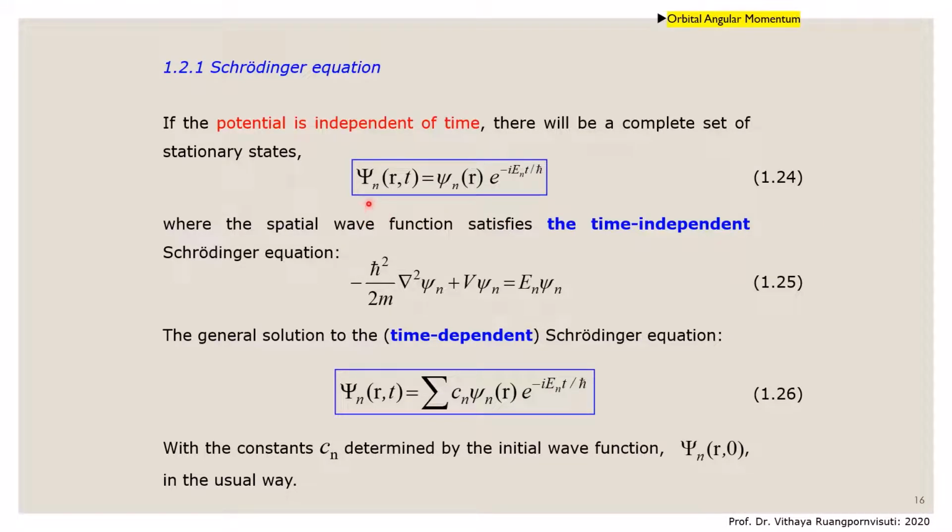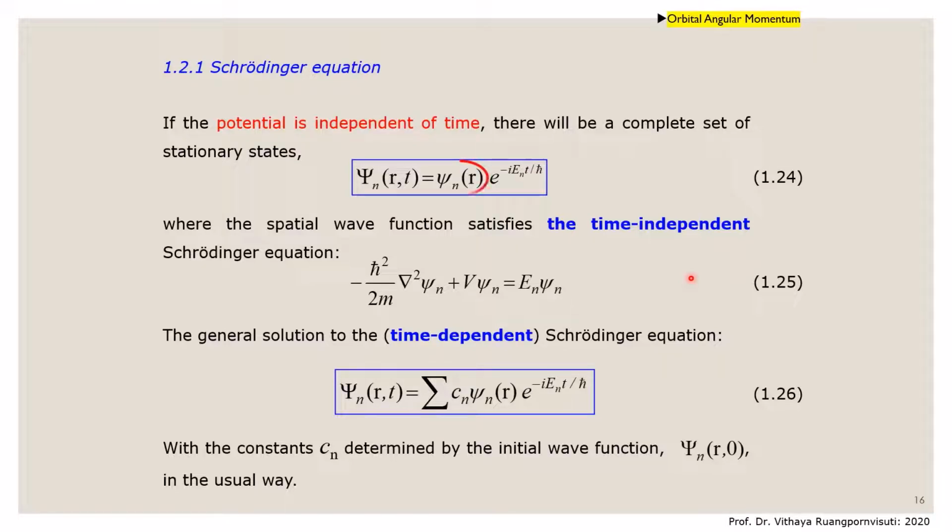The wave function as a function of r and t for the stationary state n is equal to the wave function psi n depending on the radius r, times e to the power minus i E n t over h bar, where the spatial wave function satisfies the time-independent Schrödinger equation.